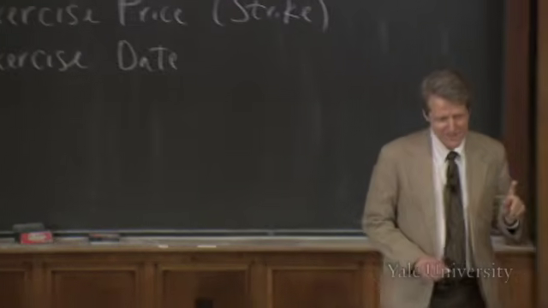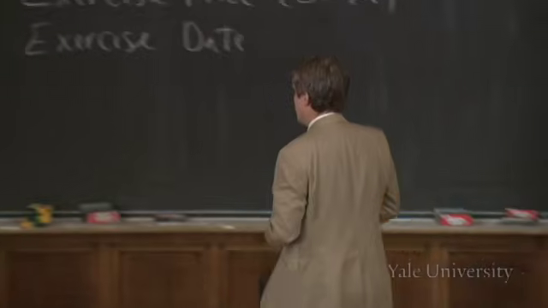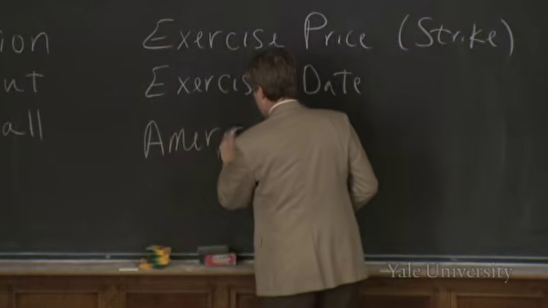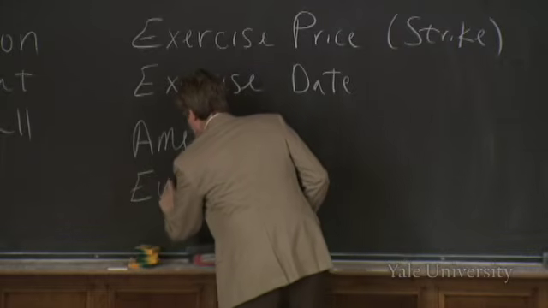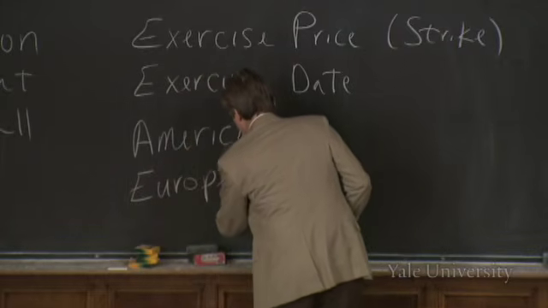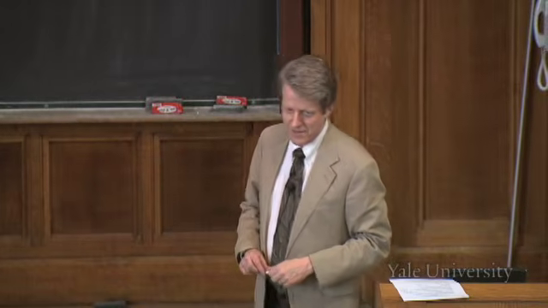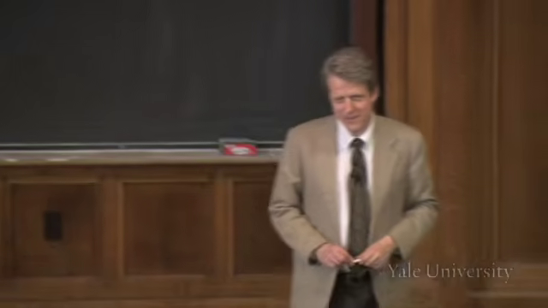I should also emphasize that there are two kinds of options. There are American, so-called, and European, so-called. It has nothing to do with whether they are in America or Europe, because in Europe they trade both American options and European options, and in America they trade both American options and European options.